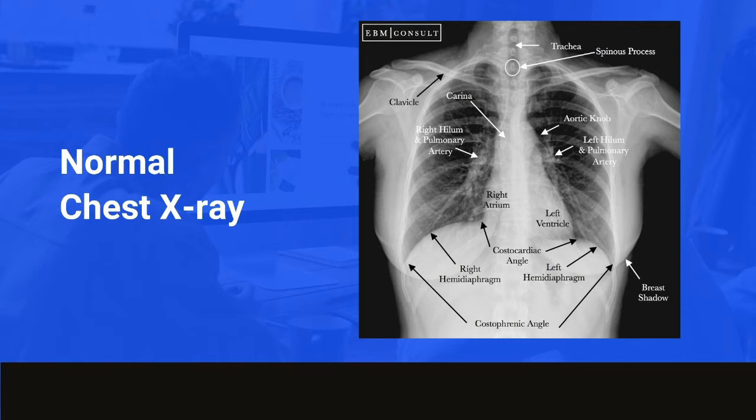These are the normal anatomical landmarks which are visible on a chest X-ray.